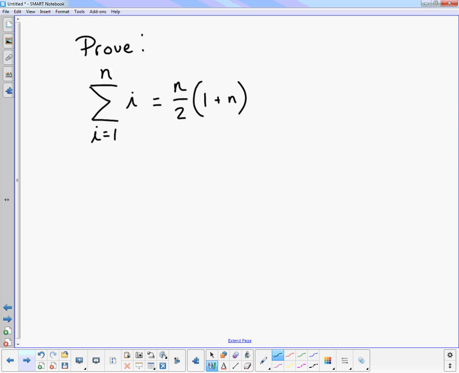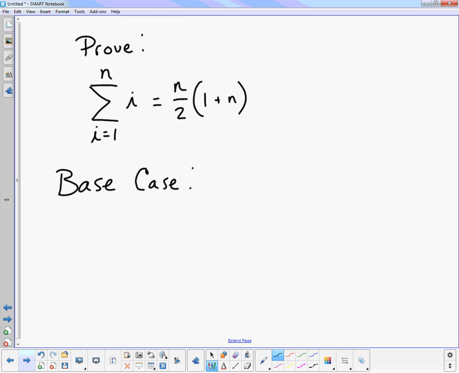The first step that we do is what's called the base case. The base case is, for all intents and purposes, the first rung on the ladder.